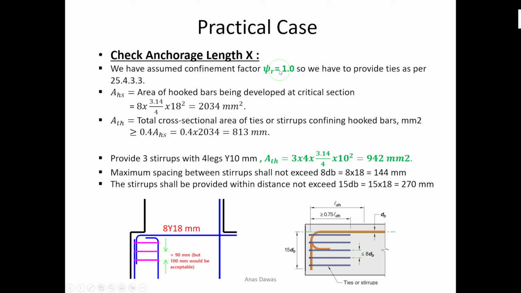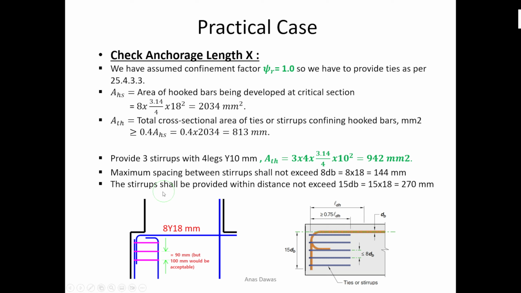This is very, very important. Also, the maximum spacing between stirrups shall not exceed 8 diameters of the bar. We are already providing around 90 millimeter spacing. If I use 100 millimeter, it would also be acceptable.